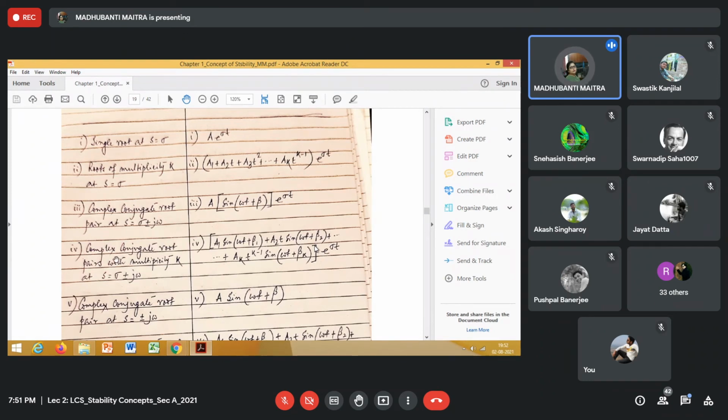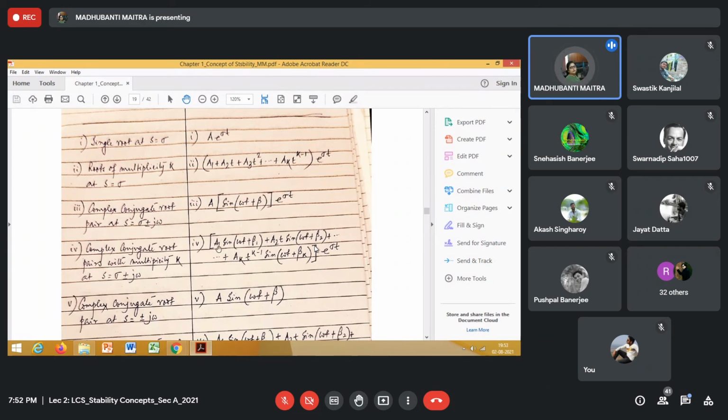Now the next case is complex conjugate roots. In this case, we are assuming that we have repeated roots, and the number of repeated roots is equal to k. That means complex conjugate root pairs with multiplicity k at s equal to sigma plus minus j omega. Because of this sigma part, the e to the power sigma t component will be there, but only this part will get modified because now we are getting multiple roots at that location.